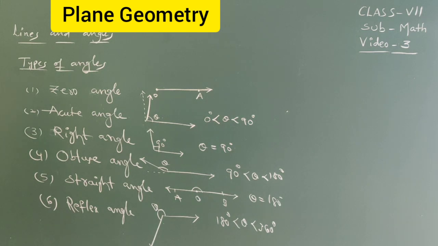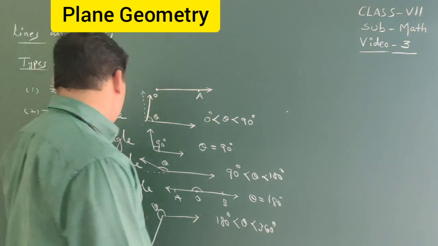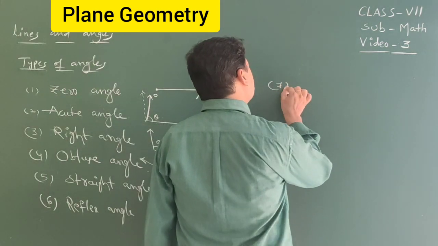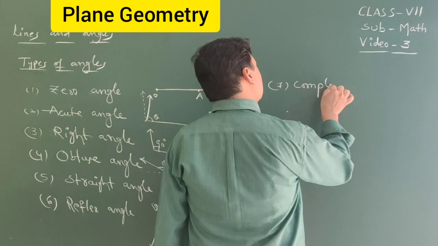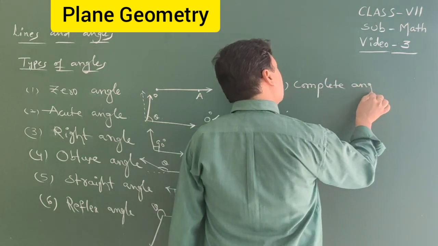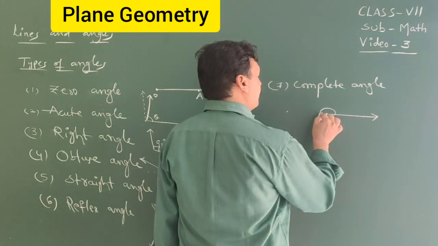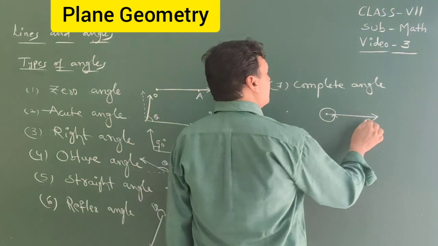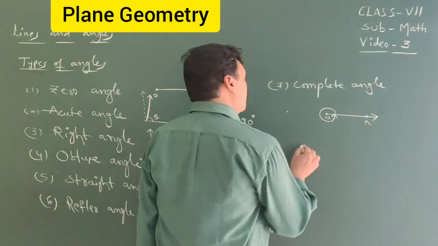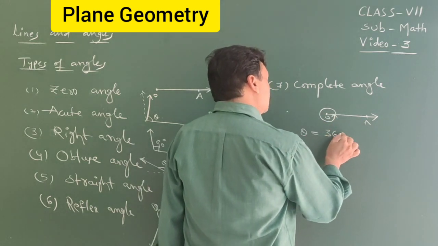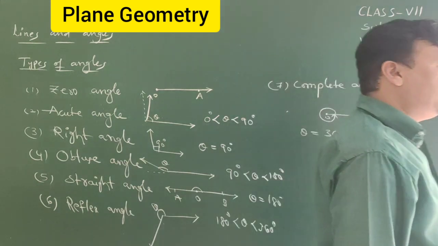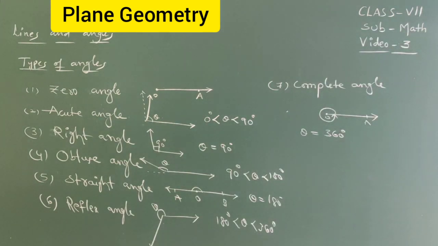The angle which lies between 180 and 360 is called reflex angle. Next, complete angle. Here the angle completes one complete rotation, and it is called complete angle, which measures 360 degrees.